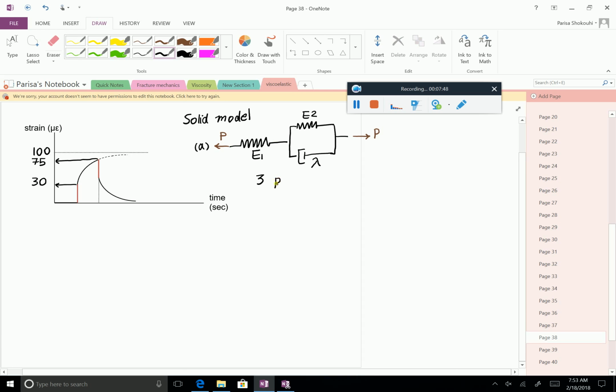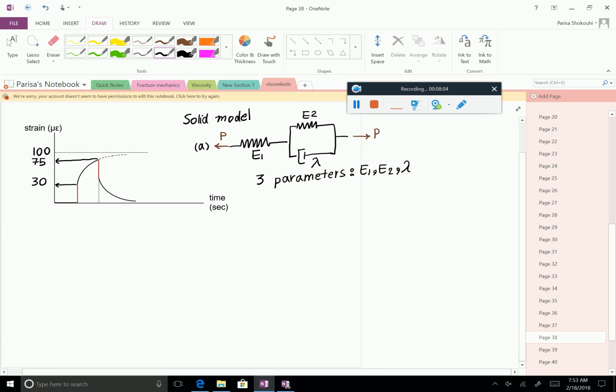So we have 3 parameters, and these are E1, E2, and lambda.